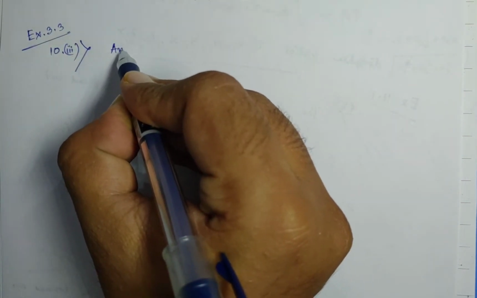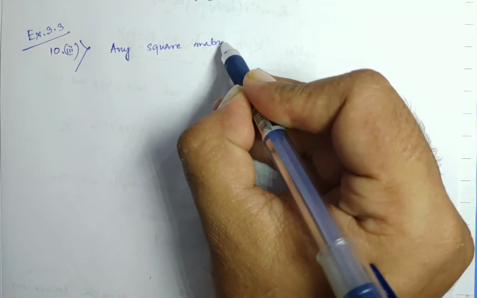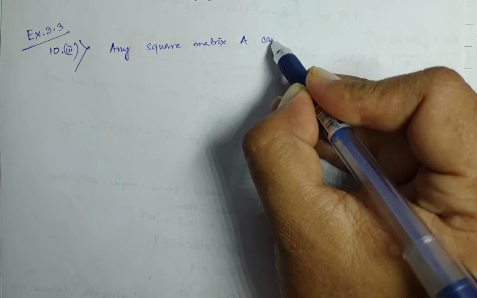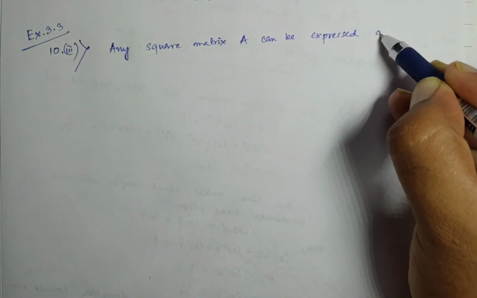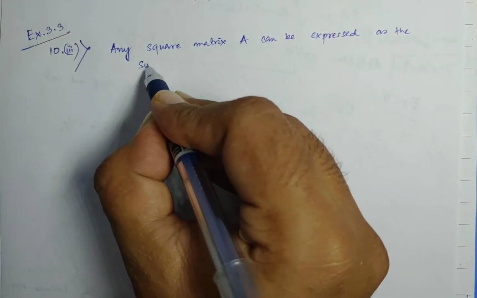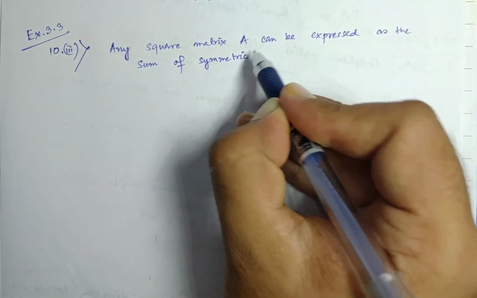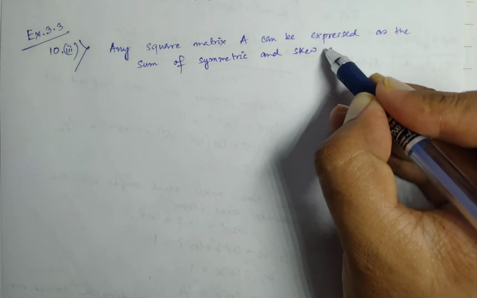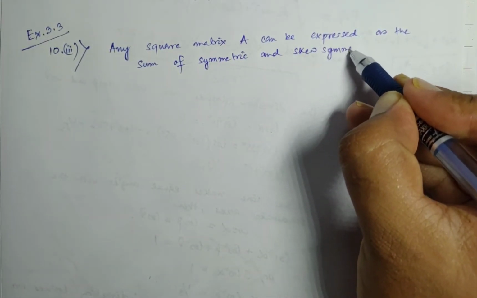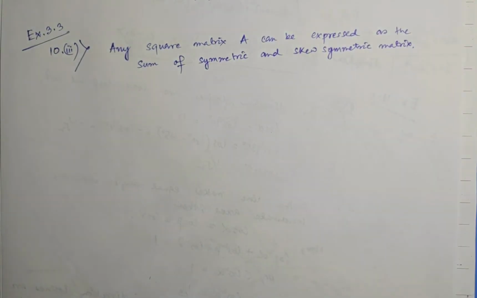We have discussed in class that any square matrix A can be expressed as the sum of symmetric and skew symmetric matrix. And how is that given?